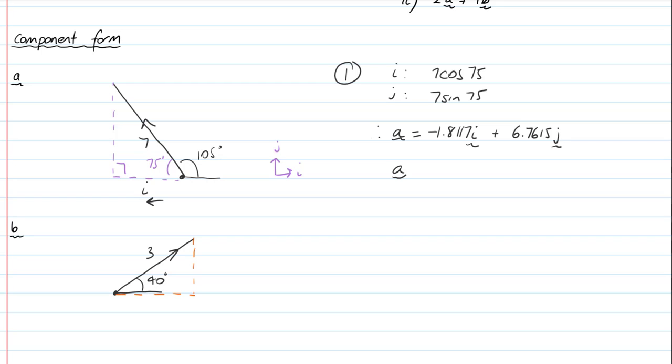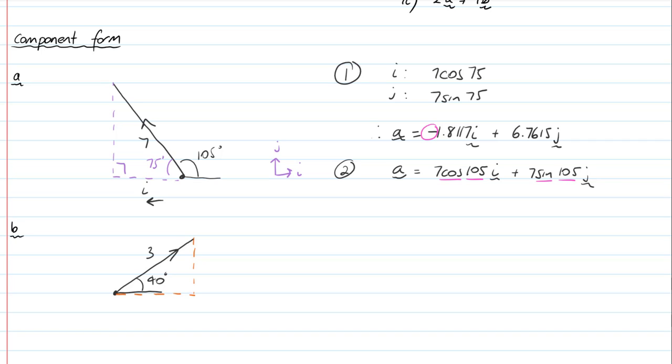A, and this is option 2, is simply equal to 7 cos 105i plus 7 sine 105j, and as you recall from math methods, cosine in the second quadrant is negative, which will give us our negative.